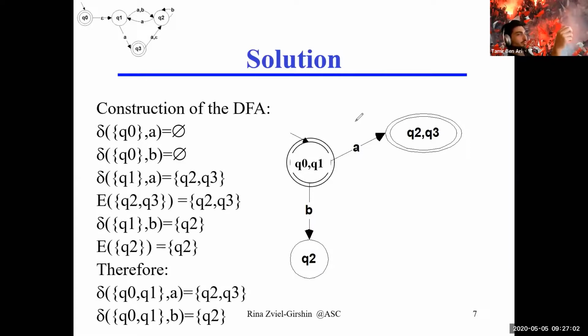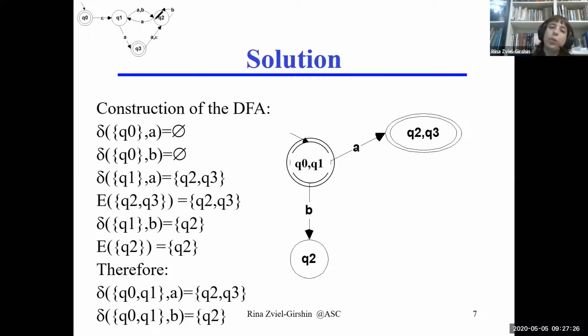So what's the rule? When do I do the epsilon closure? All the time. Let's do it once again. Q2 on A, I see that I can move to Q1. And now I do epsilon closure of Q1. But why?